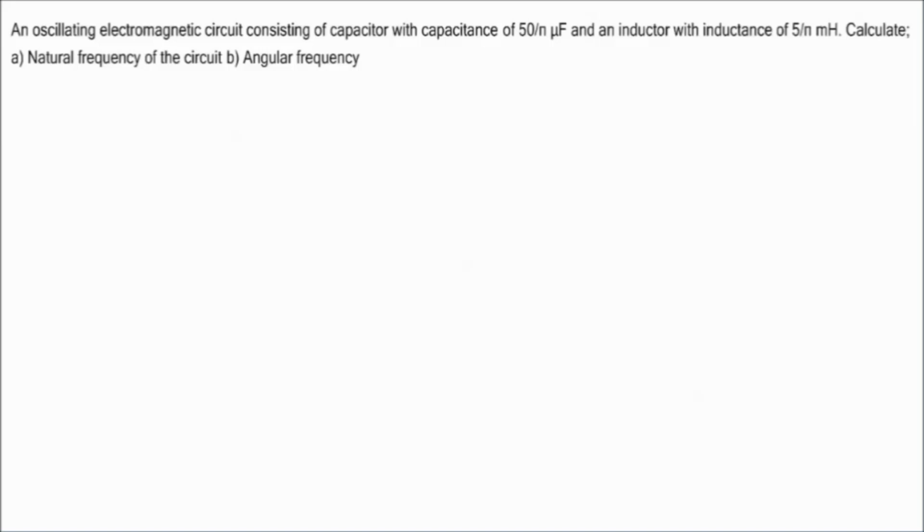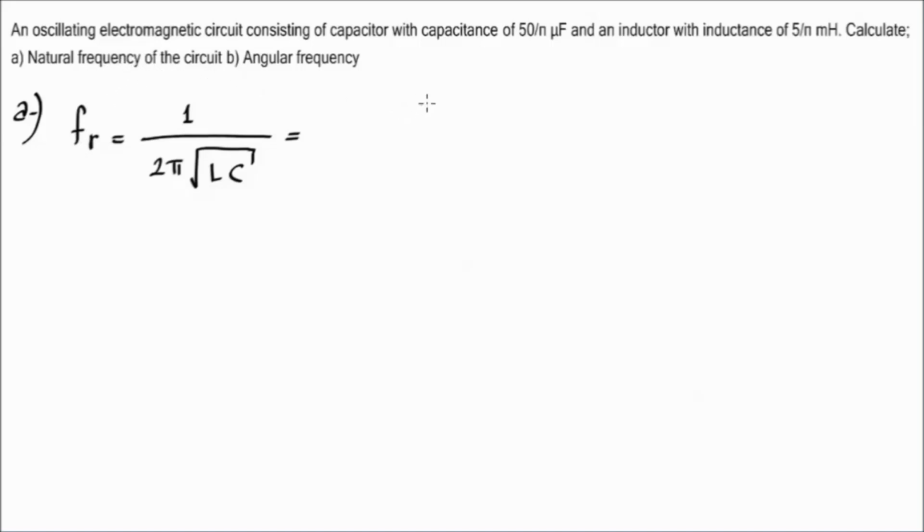That means the circuit is in resonance. We have to use the resonance frequency Fr equals 1 over 2π root of LC. And F is the natural frequency, omega is the angular frequency.